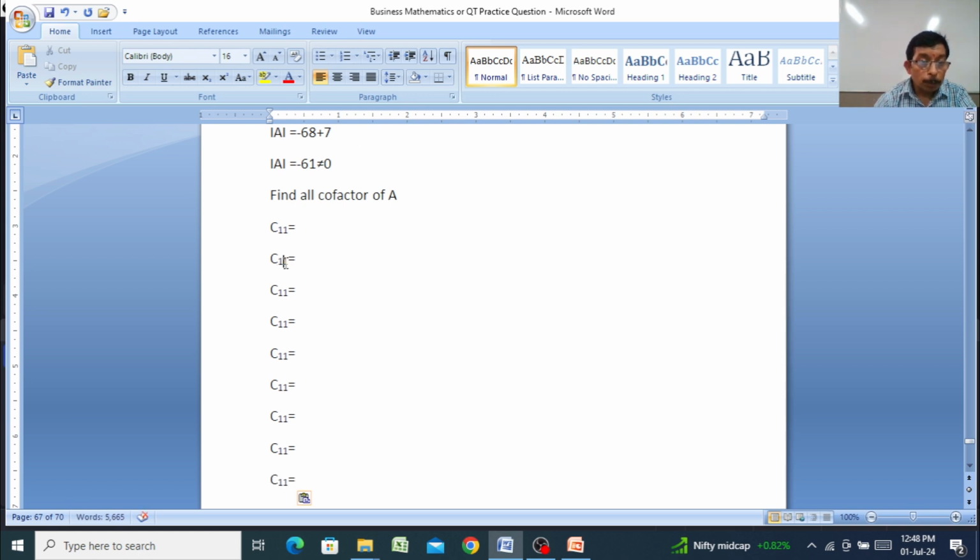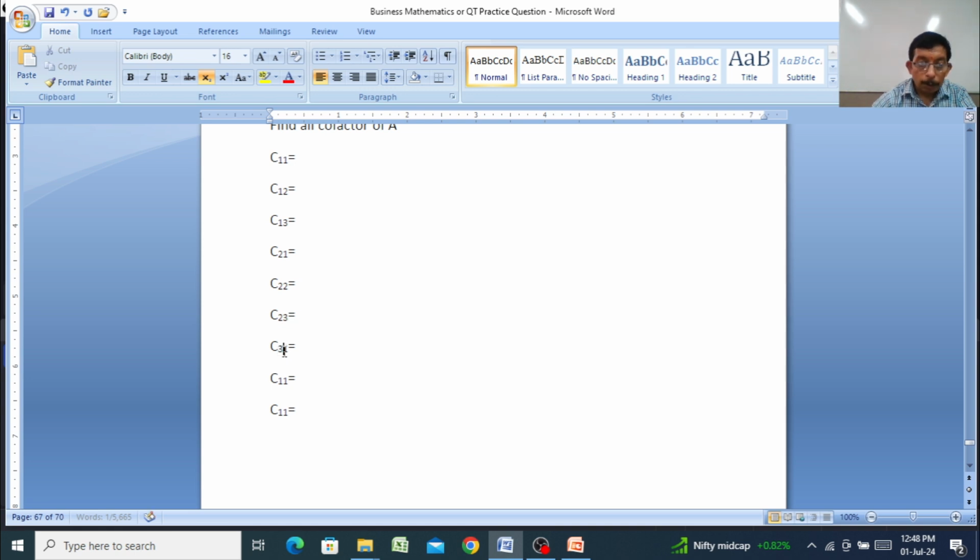C11, C12, C13: this is the first row cofactors in matrix A. Now we come to the second row cofactors: C21, C22, C23, then C31, C32, C33.